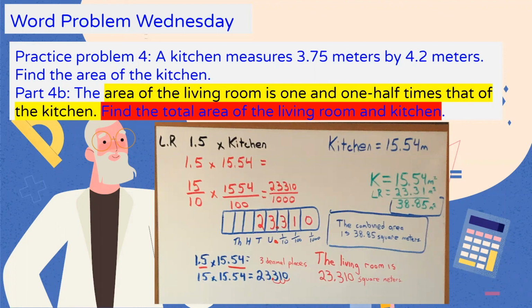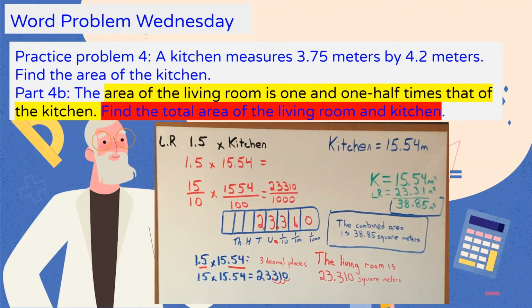And by using this method, multiplying the fractions, we wind up figuring out 23.31 square meters is the area of the living room.